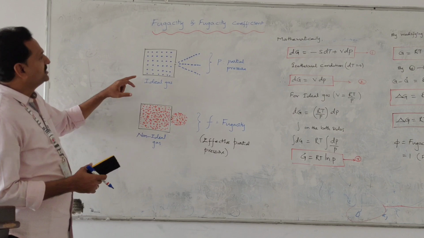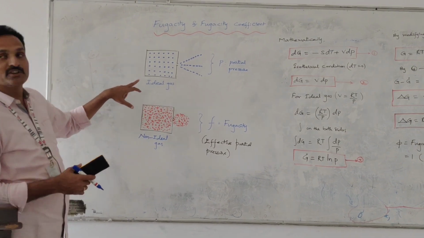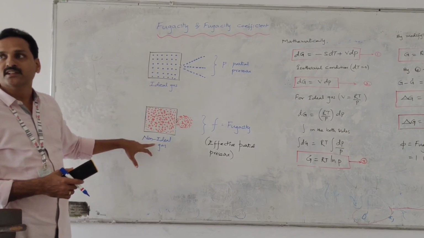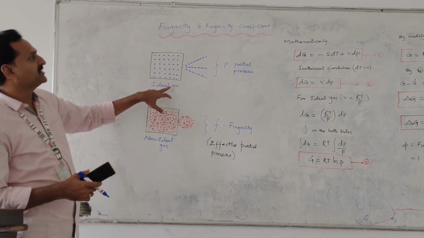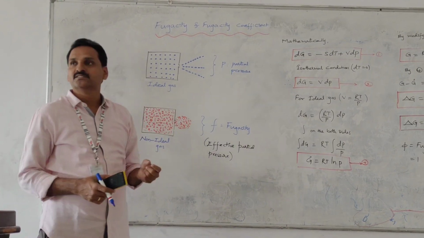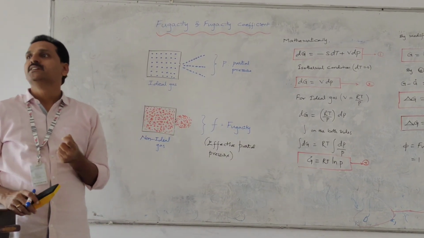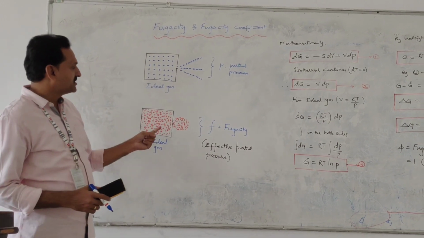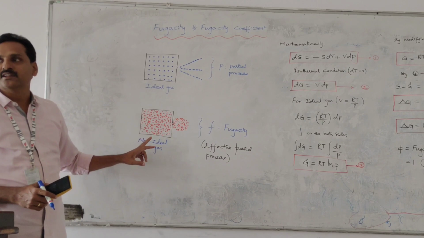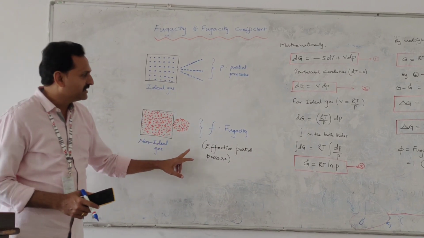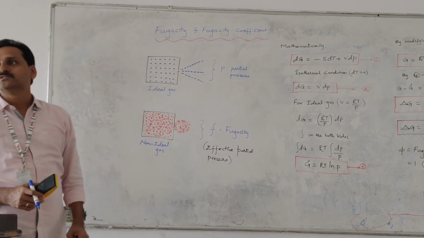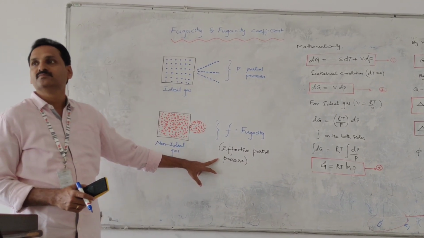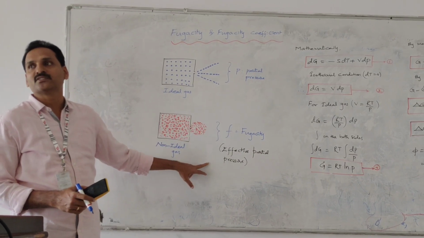If you look at these two diagrams for the differentiation between ideal gases and non-ideal gases: in the case of ideal gases, partial pressure is the term used to measure the effective concentration. In the case of non-ideal or real gases, there is an effective partial pressure. There should be a difference between partial pressure and effective partial pressure for ideal and non-ideal gases.